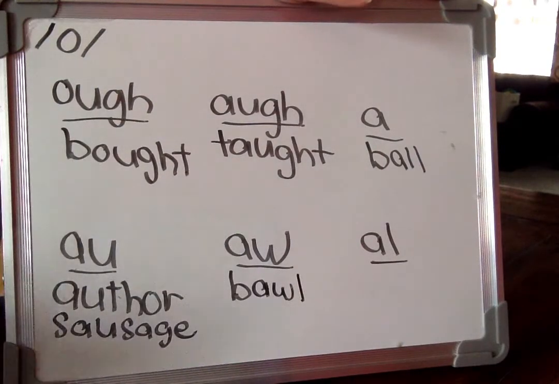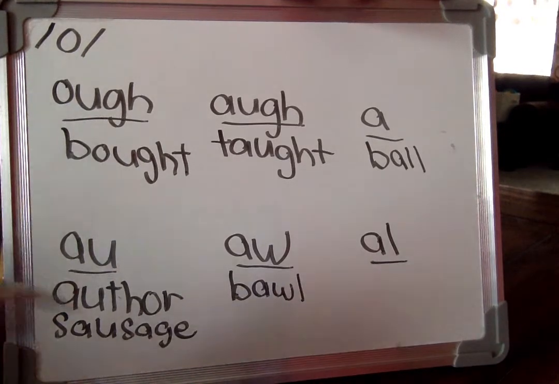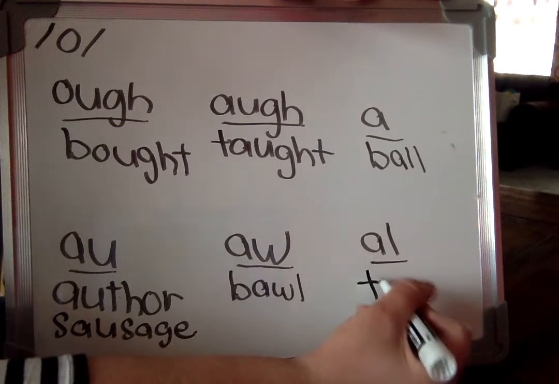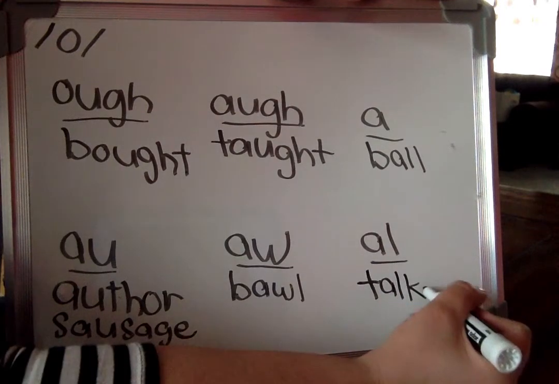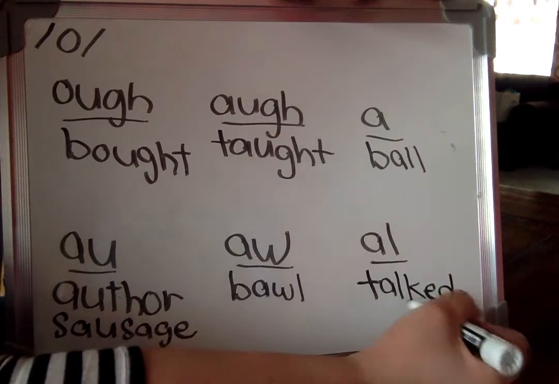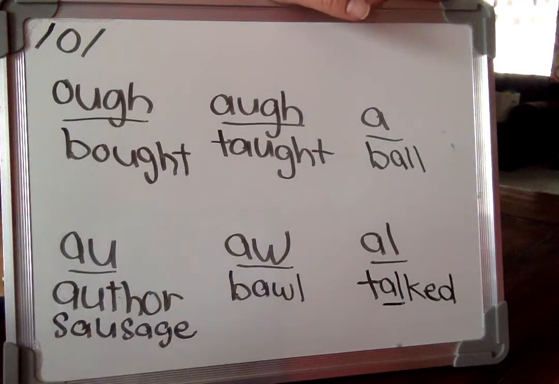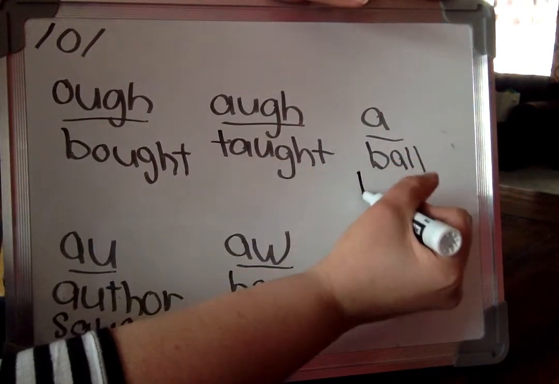That would be like a big, heavy, elaborate cry. Okay. And then we have talked. Where would talked go? That's an A-L. And the last one is recall. Recall. That one is under that A.